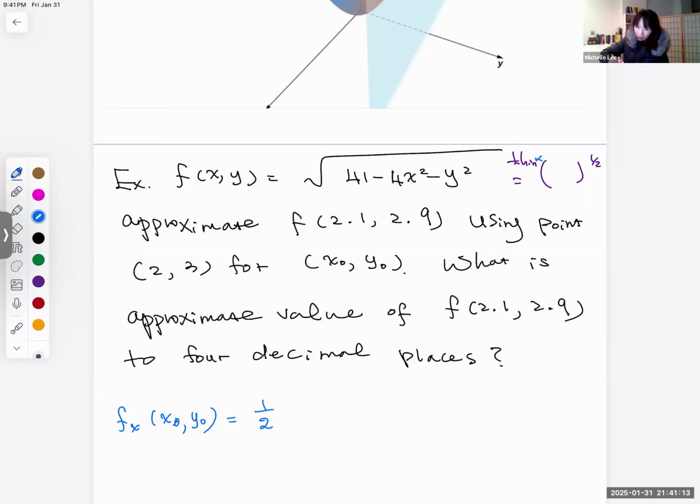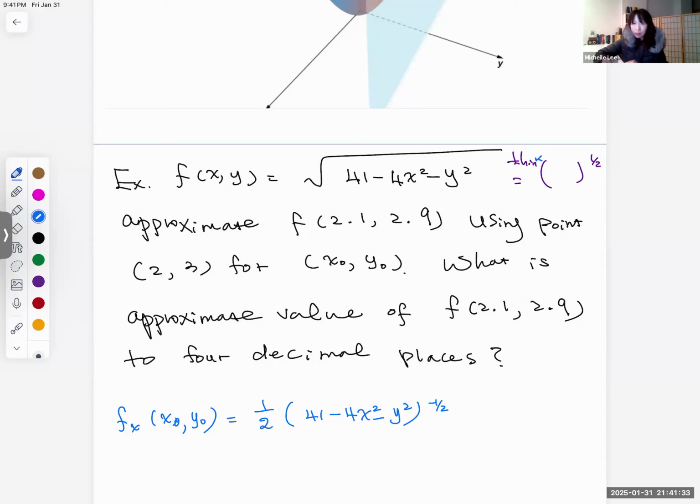Then we have 41 minus 4x squared minus y squared, and reduce the power by 1, which is negative 1/2, right?